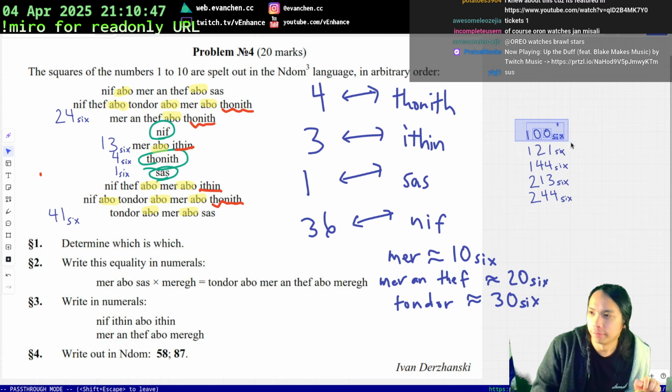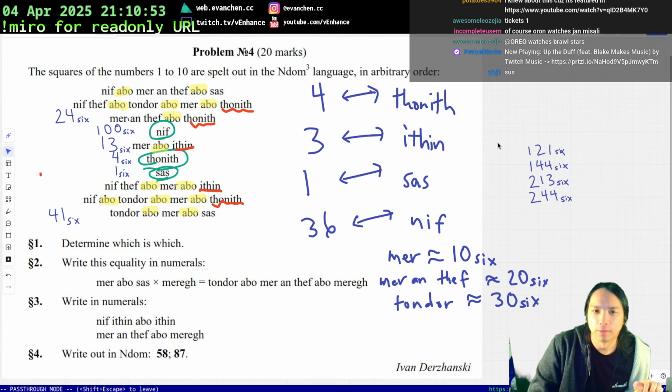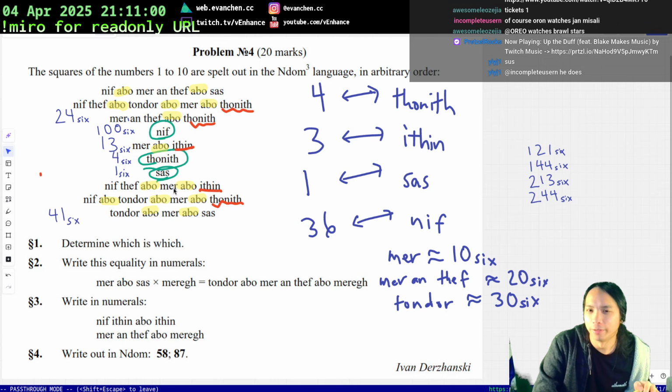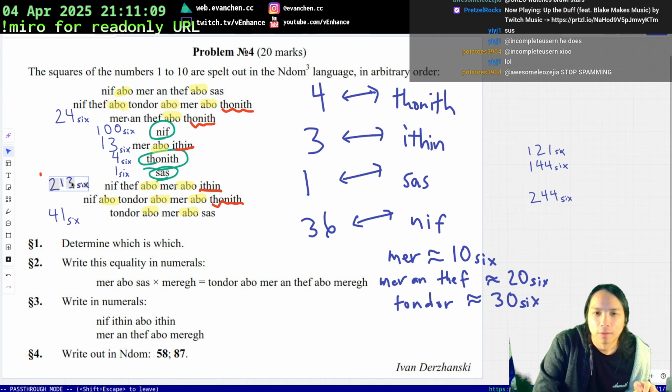Alright, we agreed that NIF was this thing. And then, so nif thef. That's something that starts with 2, right? And then mer ethin is 213. And then I also need, so nif, mer, and def.